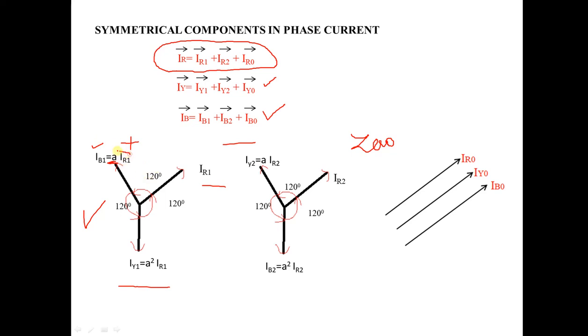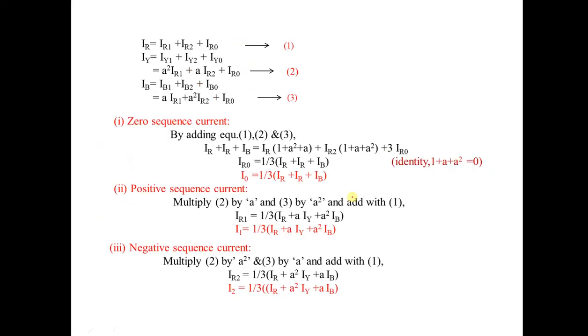So what we will obtain is A into IR1, and similarly in terms of 240, for the Y sequence, A square. For the negative sequence, it is expressed in IR2 by means of operator A. So we will see the equations and how to calculate.